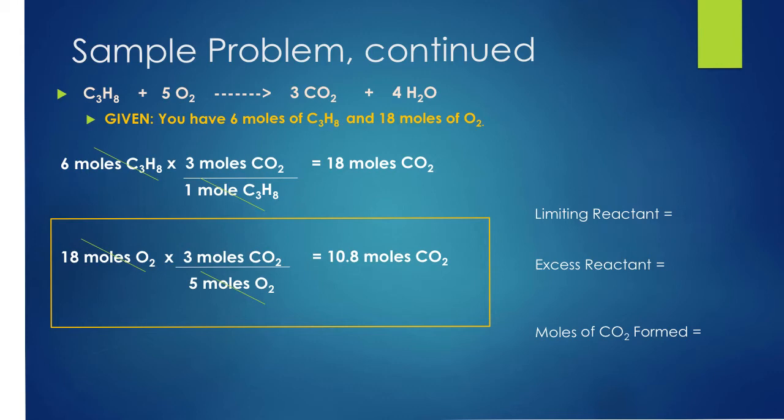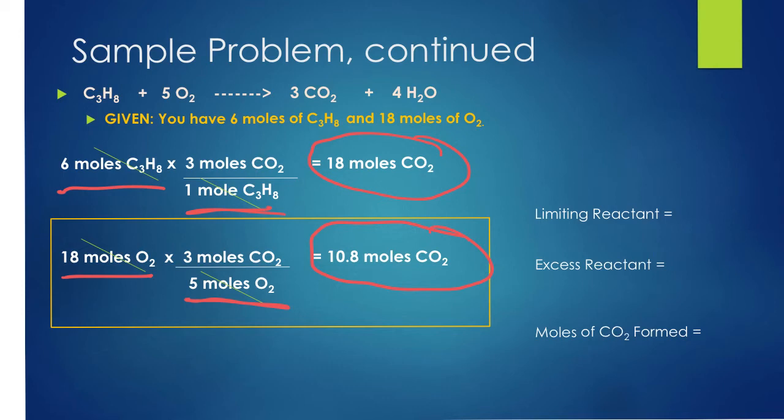You can just use moles to compare them to figure out the limiting reactant. So here we have the starting values that we said in the previous page, and we are using the mole ratio from the balanced chemical reaction, and here we get 18 moles of carbon dioxide can be produced, and here we get 10.8 moles of carbon dioxide to be produced.